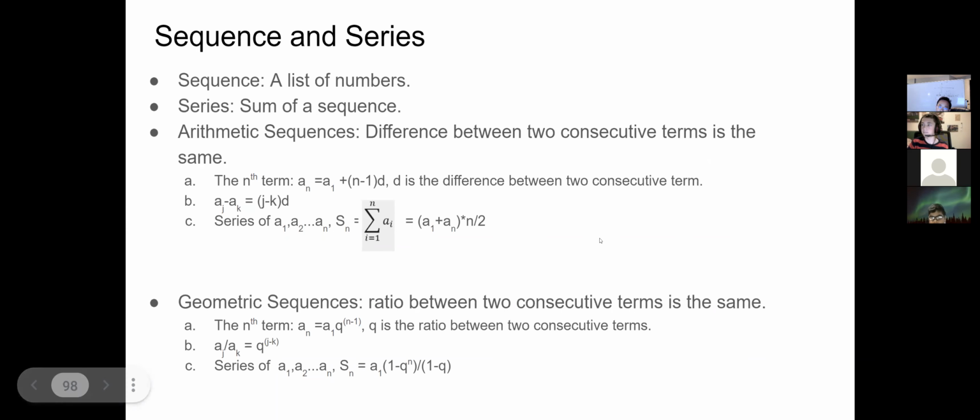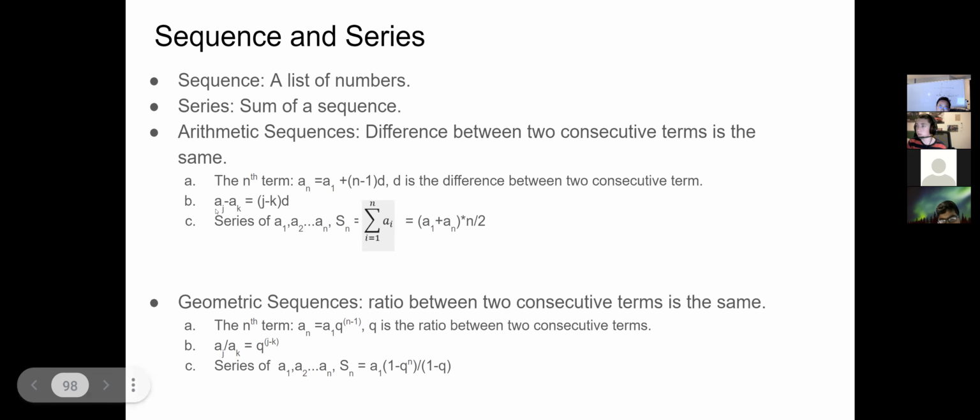The nth term is a_n equals a_1 plus (n minus 1) times d, where d is the common difference. That's how you get any term if you know the first term and d.